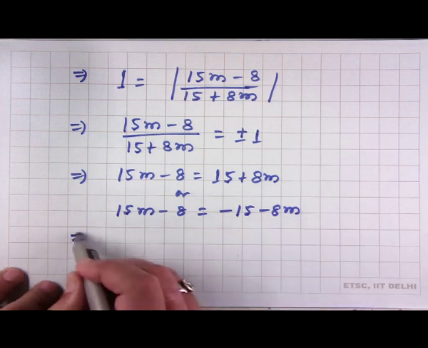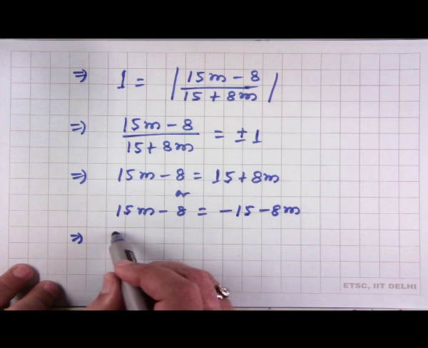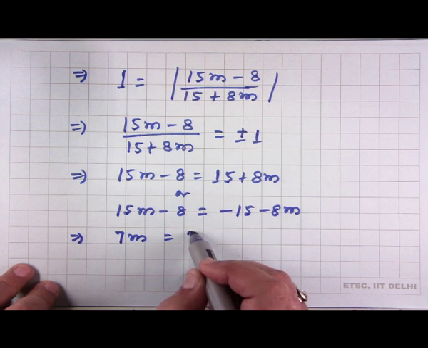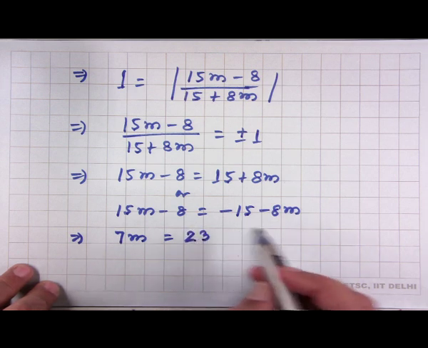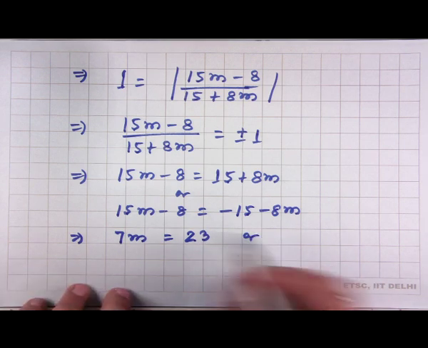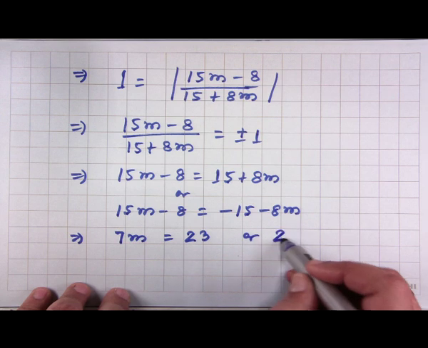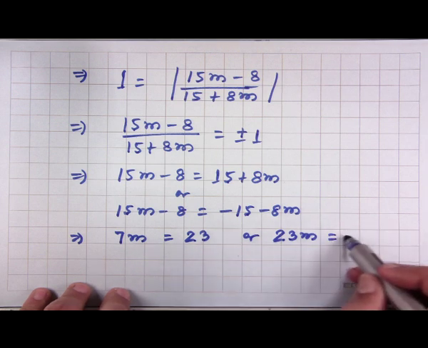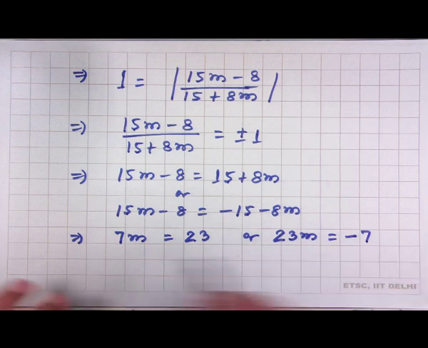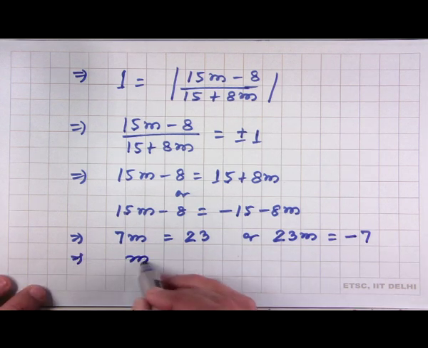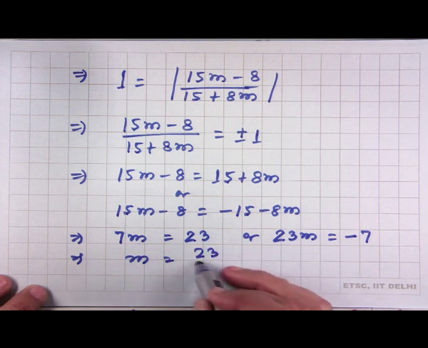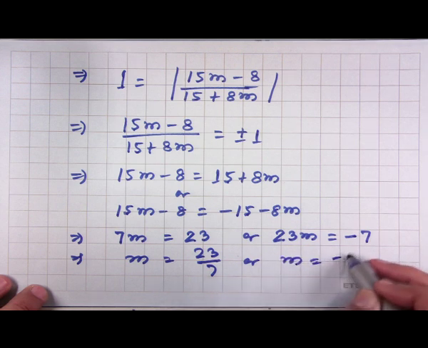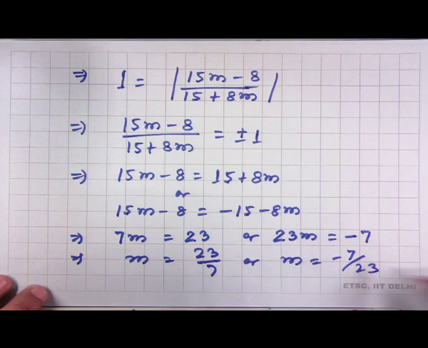So this implies 7m is equal to 23, or 23m is equal to minus 7. So m is equal to 23 by 7, or m is equal to minus 7 by 23.